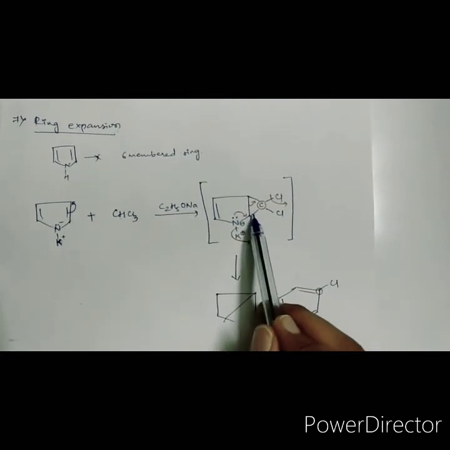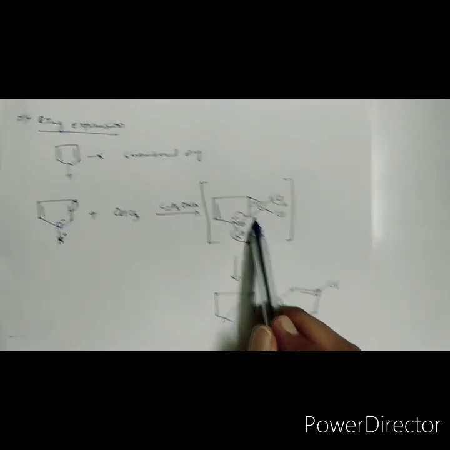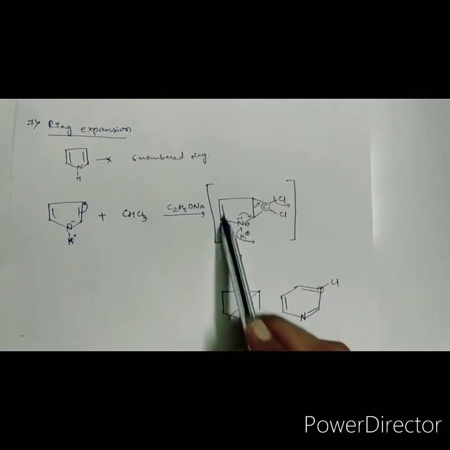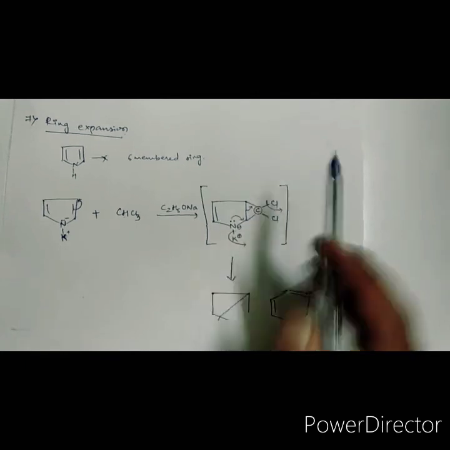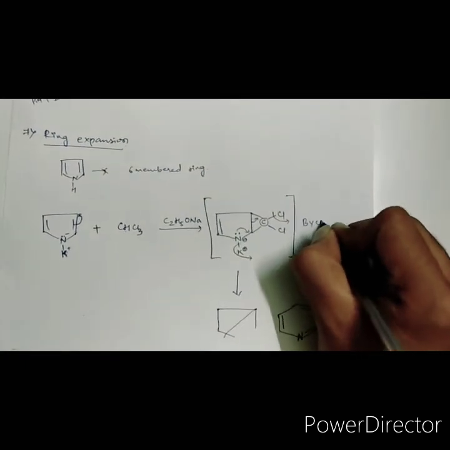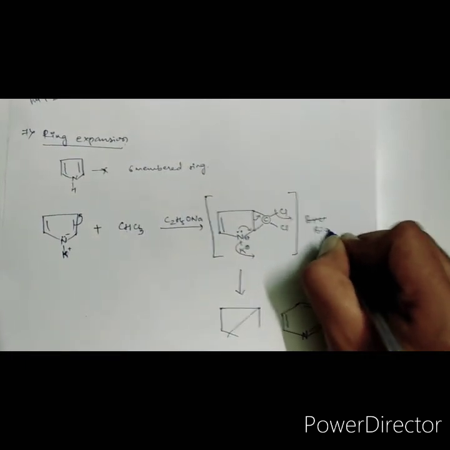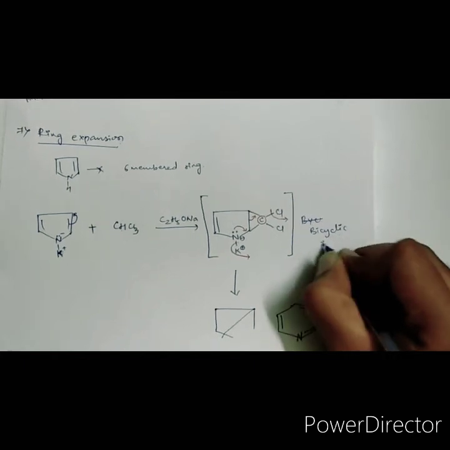This intermediate is known as a bicyclic intermediate, because you can see one cycle and a second cycle.